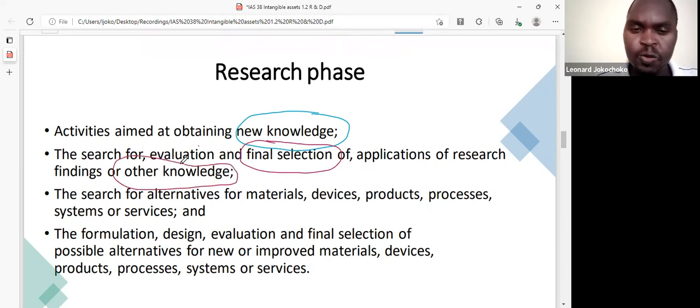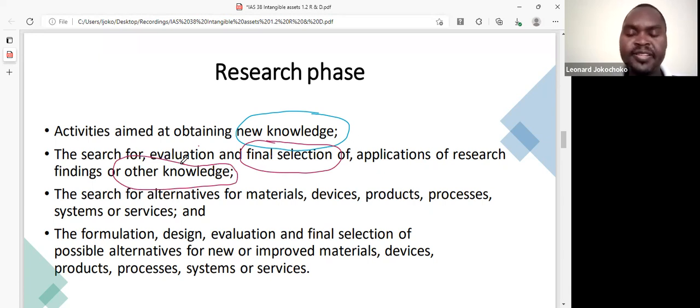Many of us are religious, Christian, Muslim, or whatever religion, but probably you did some research before you joined that particular religion. Because you are doing this for the purpose of knowledge and not for the purpose of selling or creating economic benefits, the expenditure you make there is research phase. It is not capitalized.